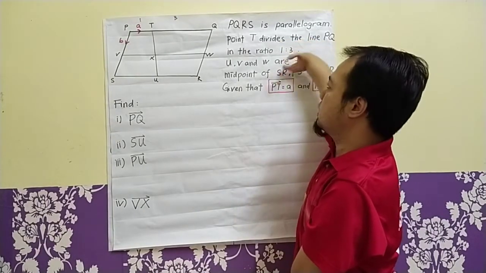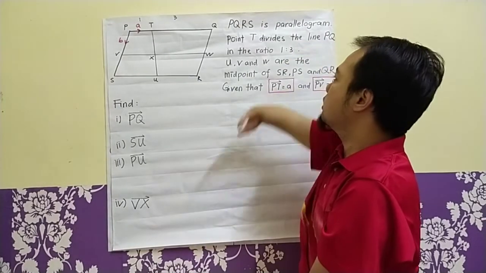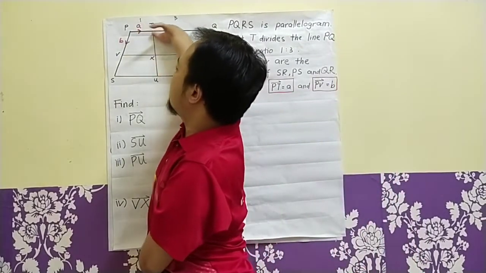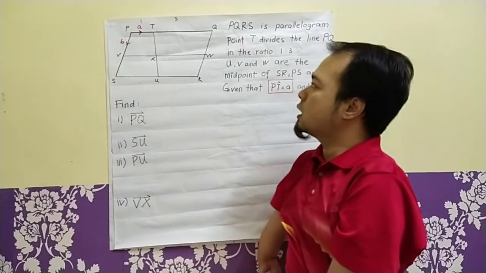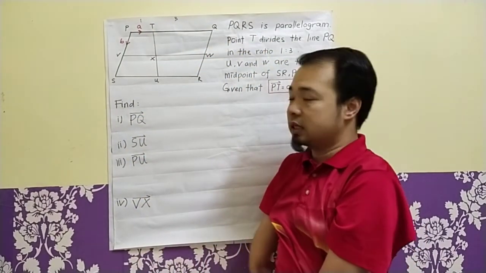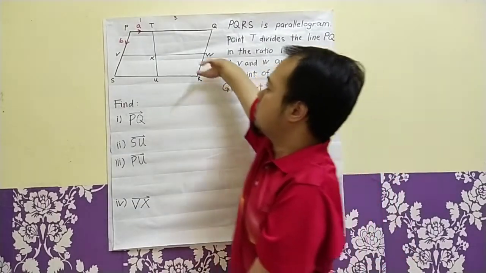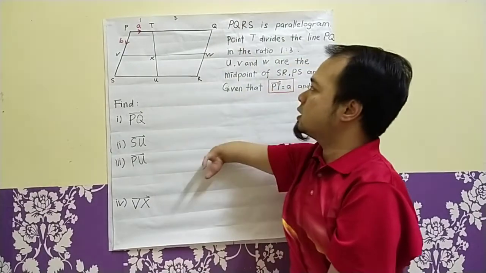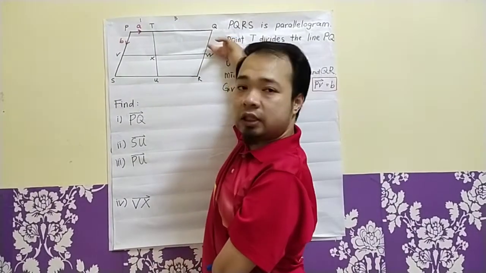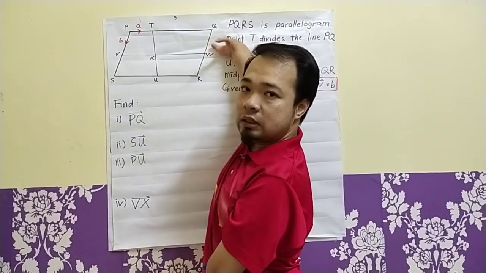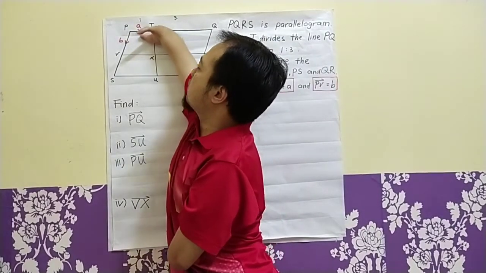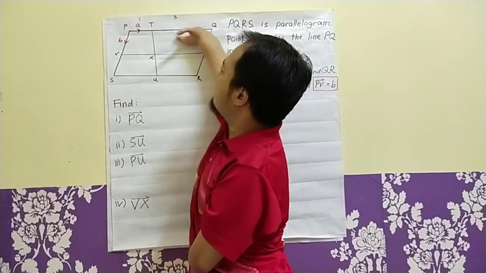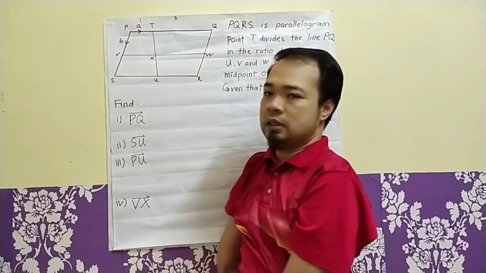Always remember, when you deal with a ratio of 1:3, from P to T is one unit or one segment, and from T to Q is 3 units or 3 segments. So if P to T is 1A, then automatically from T to Q it will be 3A.